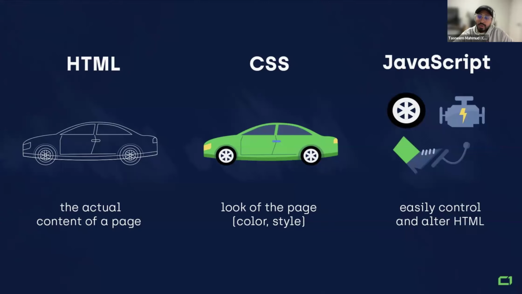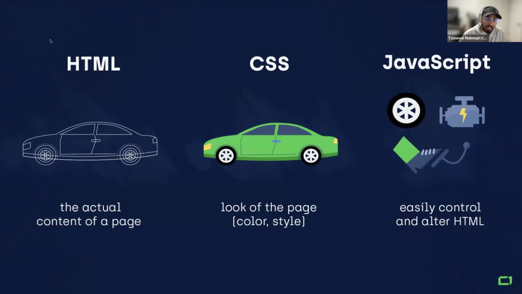In this case, we are using a real life example just to give you an idea of what it does for a website. But hopefully you guys can relate to what we're trying to convey over here.